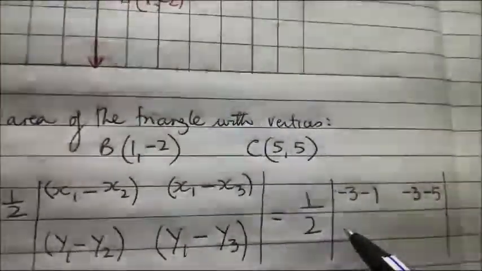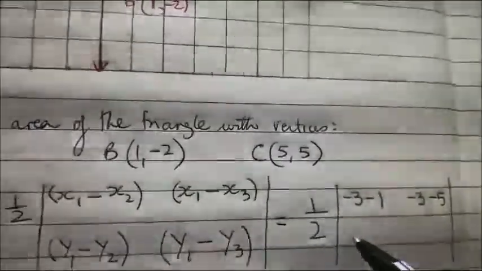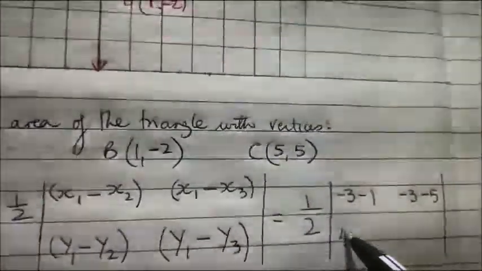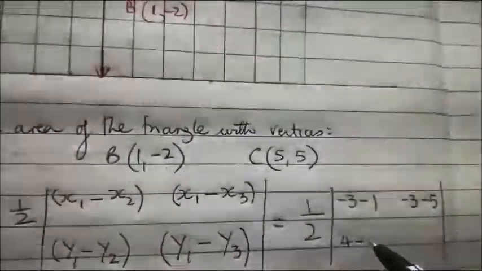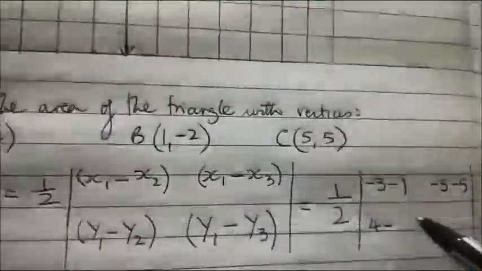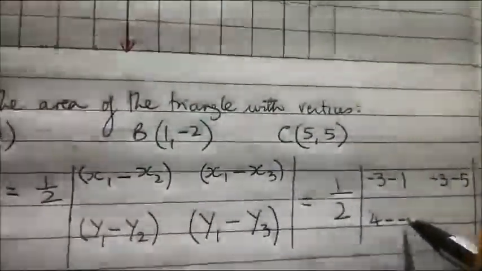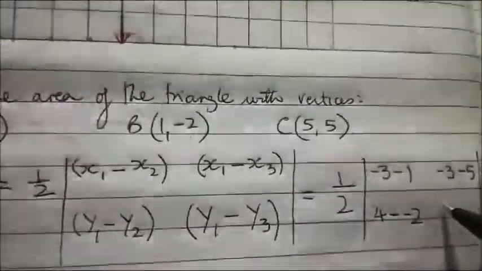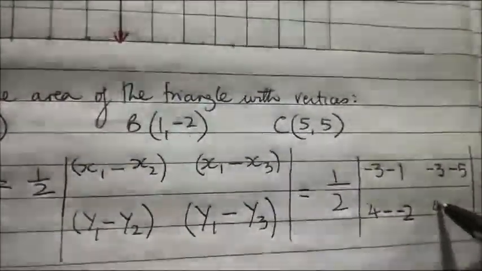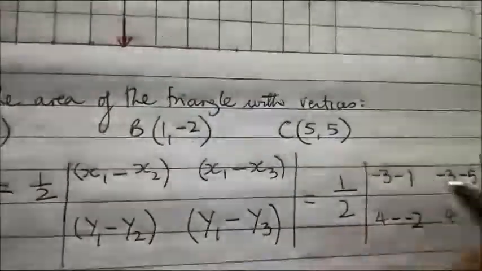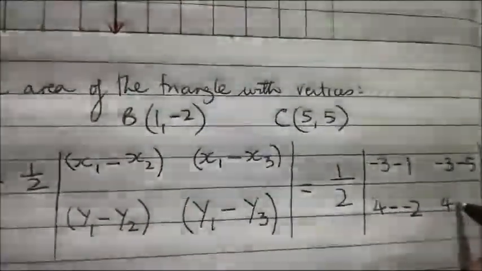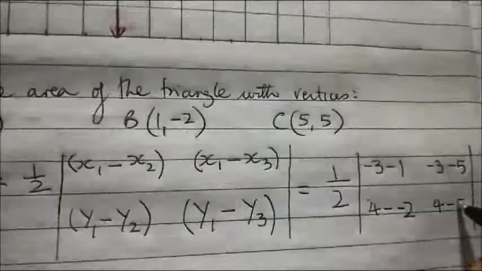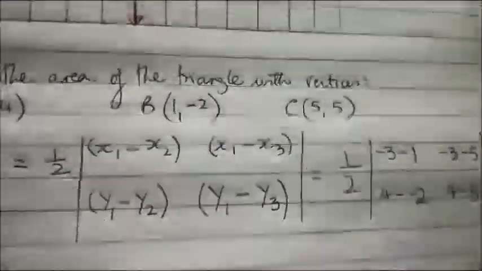On the y now, y1 is 4 minus y2, so -2 becomes y2, and of course we have 4 again, minus y3, which is 5. So we're going to take away 5 from that 4.